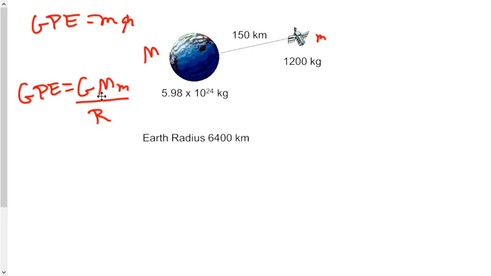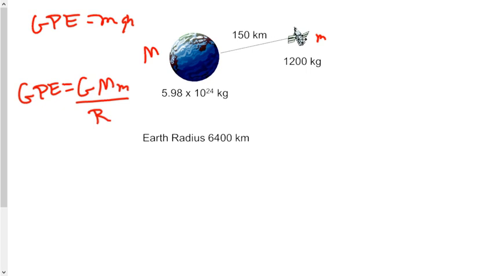So we're taking essentially the integral of 1 over r squared, and we're left with 1 over r when we're done. So I can calculate the gravitational potential energy at this location just by plugging in the mass of the Earth, the mass of the satellite, multiplying by the G constant, and then dividing by r.